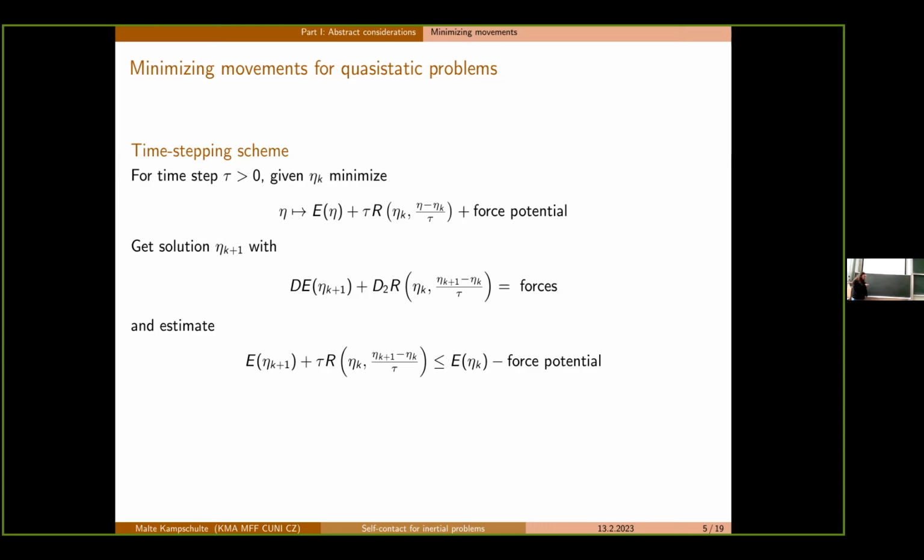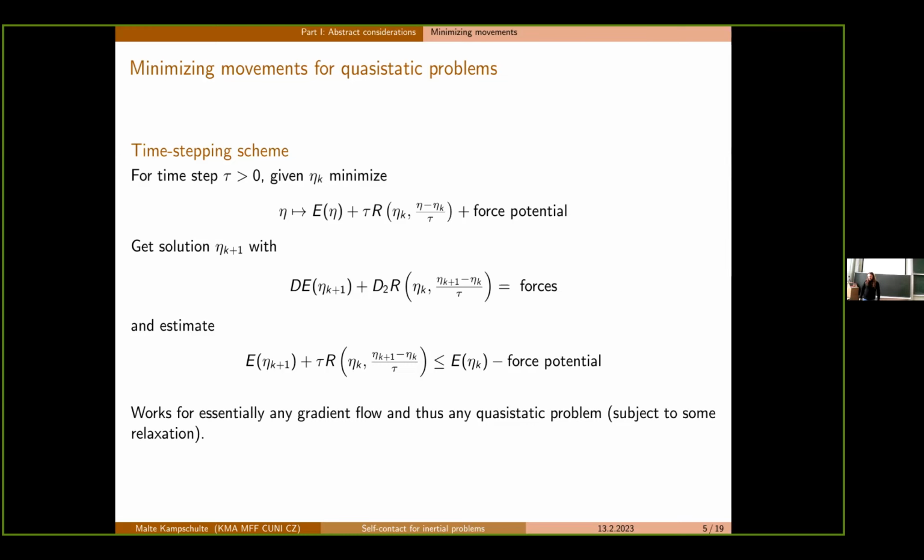Because if you're not moving, there's nothing to be dissipated, the second term vanishes, and you kind of get, okay, the previous energy is larger than the new energy plus some dissipation. This telescopes, again, ignoring the forces, they're not hard. And then you get some nice uniform estimates if you have some coercivity, both on the energy and thus on the space of your function as well, on the discretized time derivative.